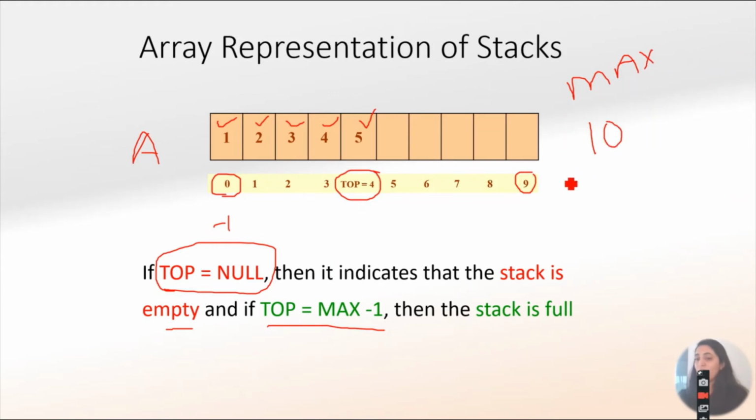What is max minus 1? 9. So when my top is equal to 9, I can say my array is filled and my stack is full. Okay, so these are the conditions to check whether your stack is empty or full in array representation.